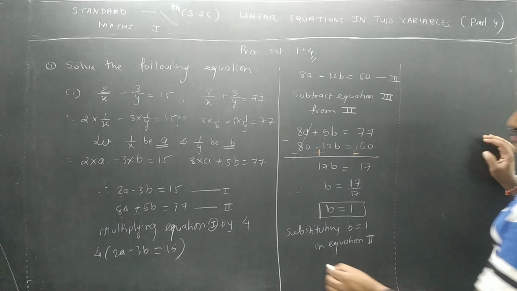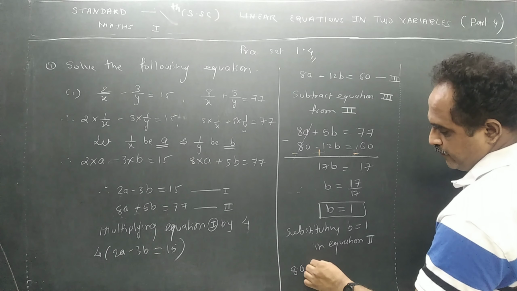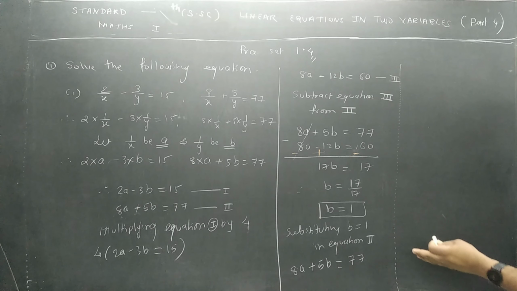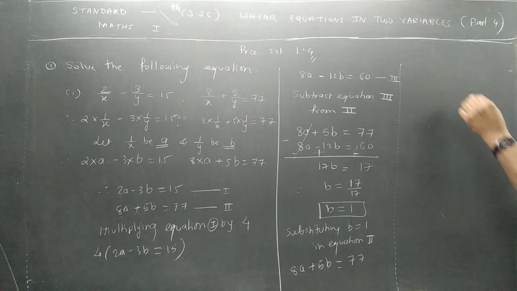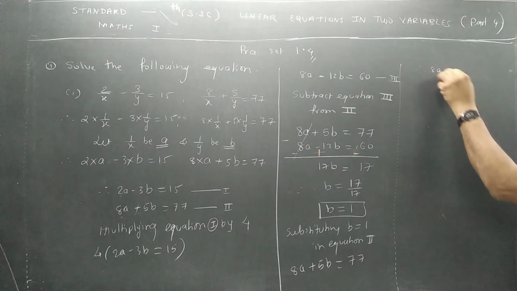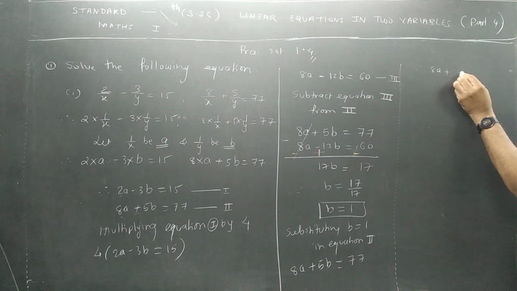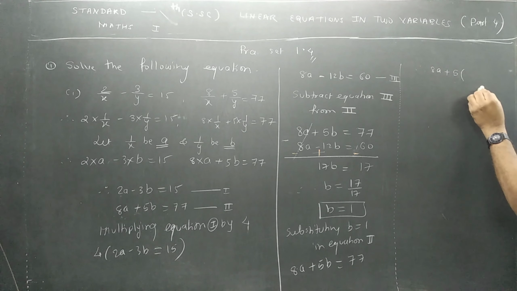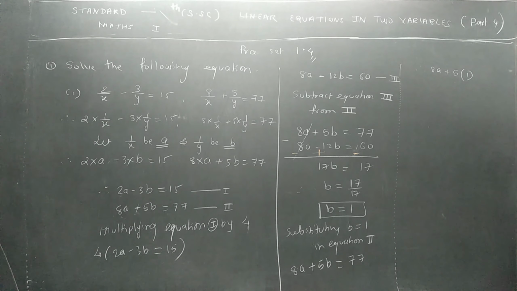What is equation 2? 8a plus 5b is equal to 77. And instead of b, what am I going to write? Therefore, 8a plus 5 in bracket 1 is equal to 77.